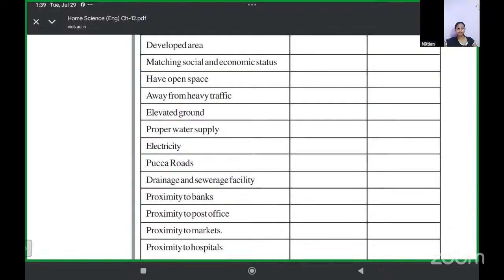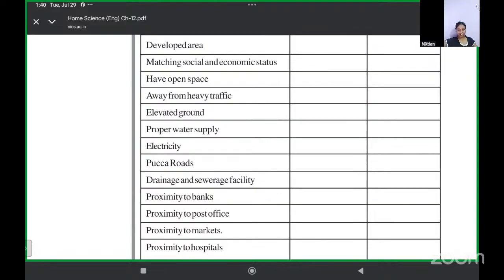We don't have open space, only a little front portion where vehicles are parked. Water supply is okay-ish here, not very good, just okay-ish.